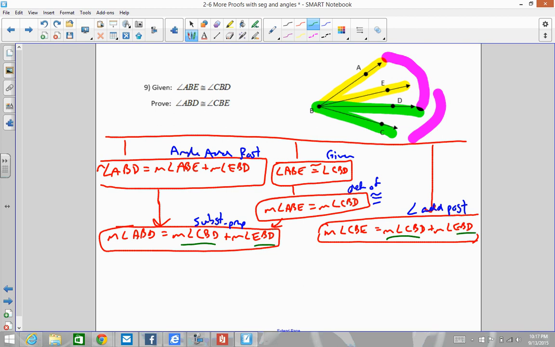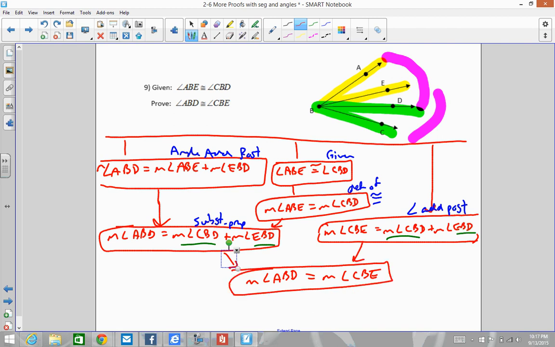So if those parts are all the same, couldn't I take them out of one and replace it with the other one? And so if I do that, I can say the measure of angle ABD is equal to the measure of angle CBE. This is an if, and then, because two things are connecting, which makes this a substitution property.